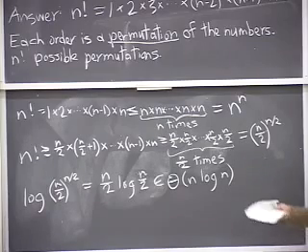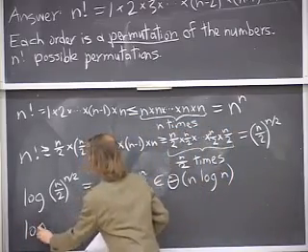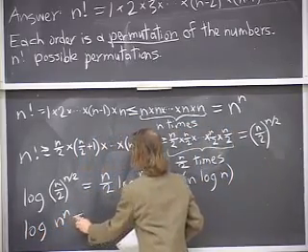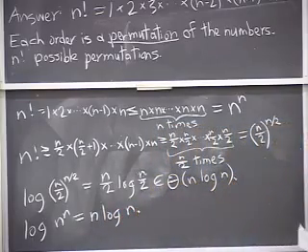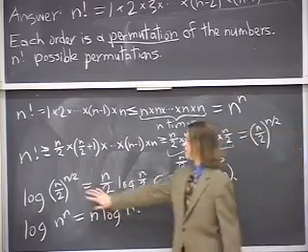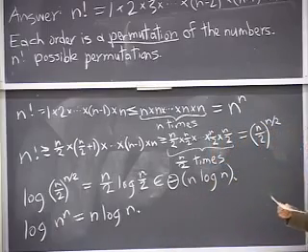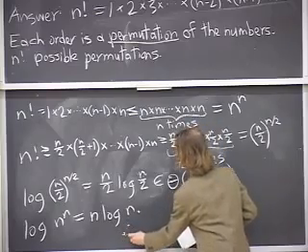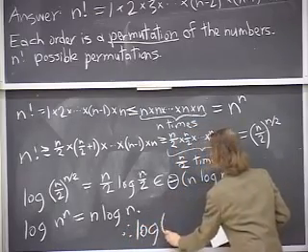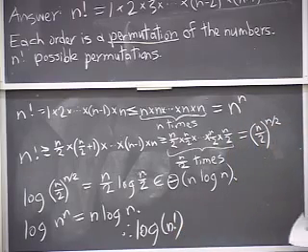And if we take the logarithm of the big one, the upper bound, n to the n, well, that's just equal to n log n. And so if n factorial is between this number and this number, then if we take the logarithm of n factorial, then that is in theta of n log n.